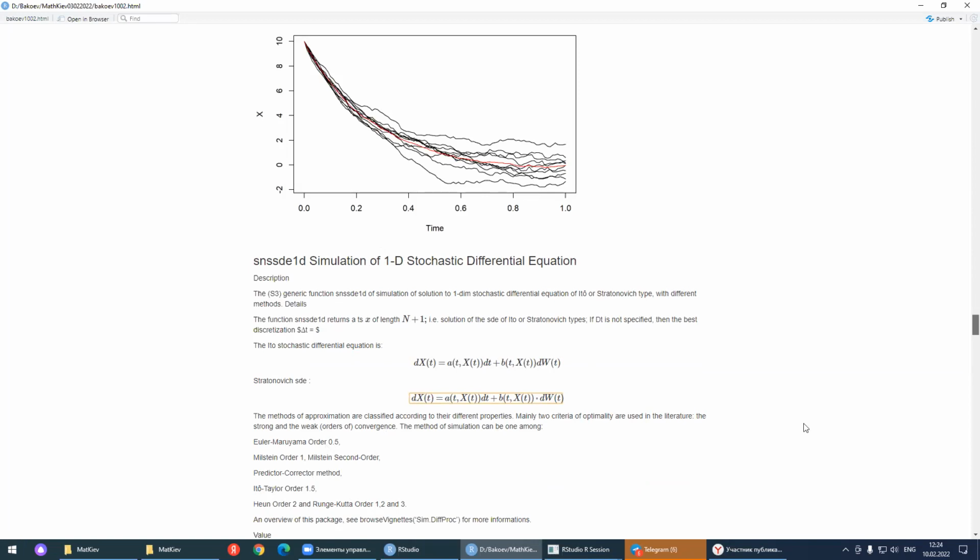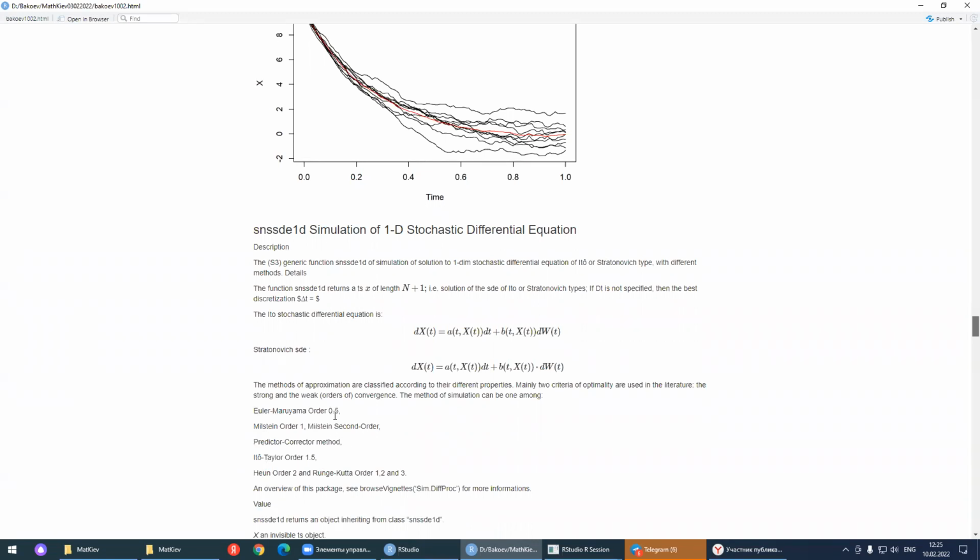The simplest one is Euler-Maruyama with order 0.5. This is the order of convergence, and we can use the Milstein method with order 1, Milstein method with order 2, or you can use another method for solution of the stochastic differential equation.